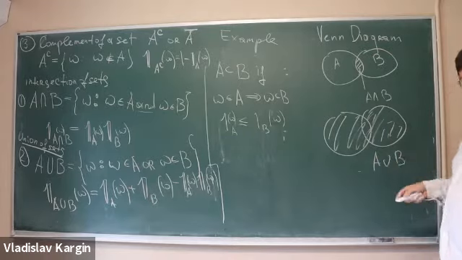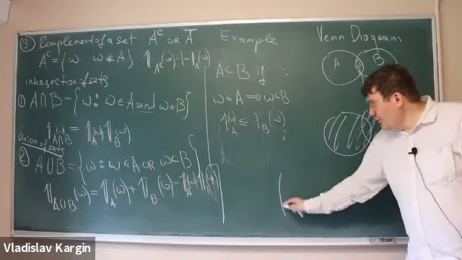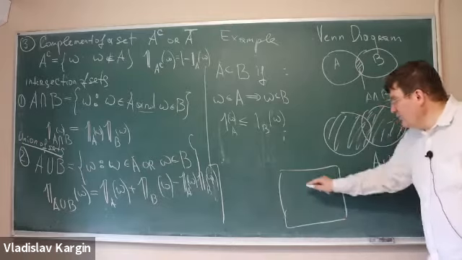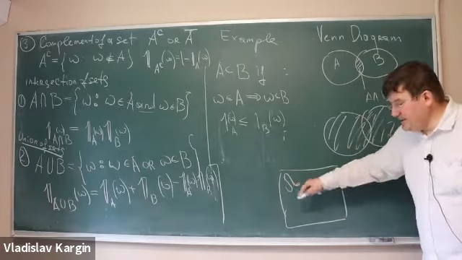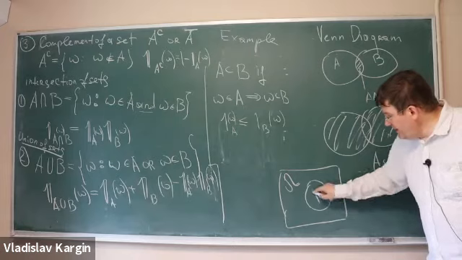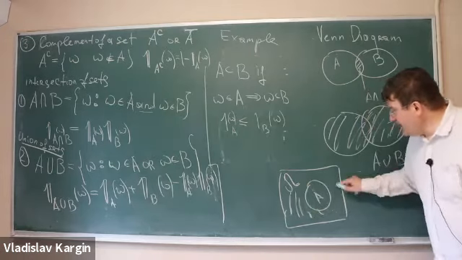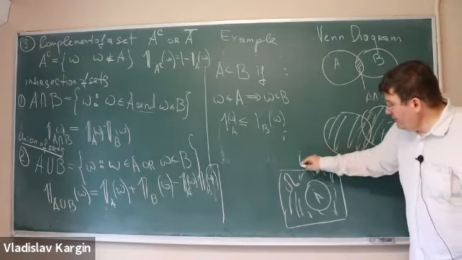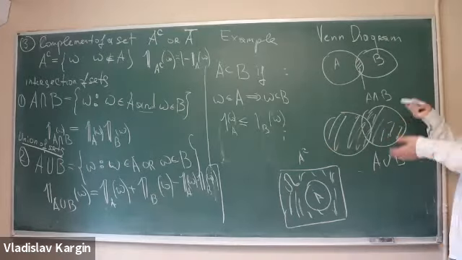If you want to figure out the complement, you need to draw the whole space. So this is the whole space, and here is A, and everything outside of A would be the complement.